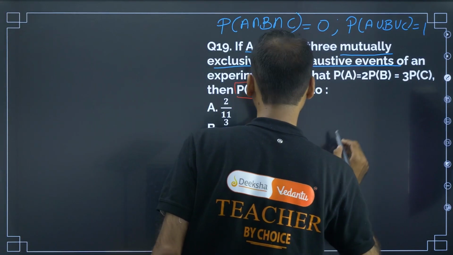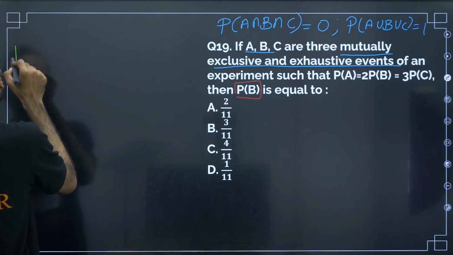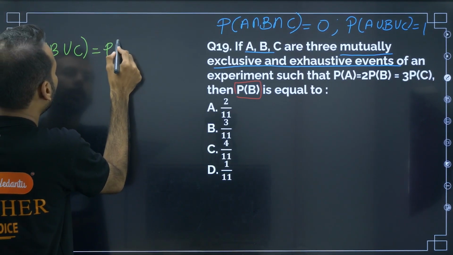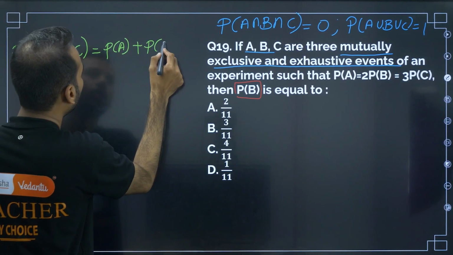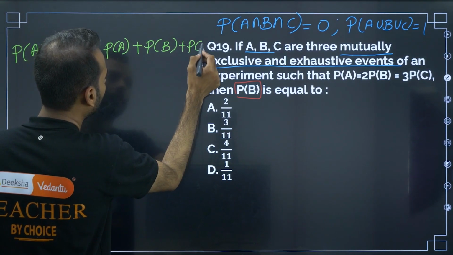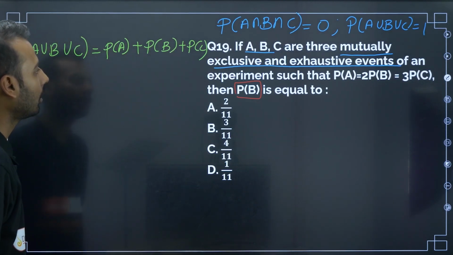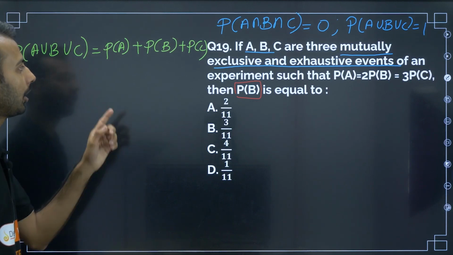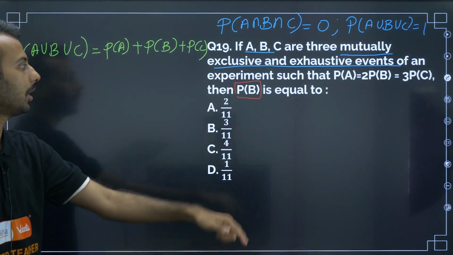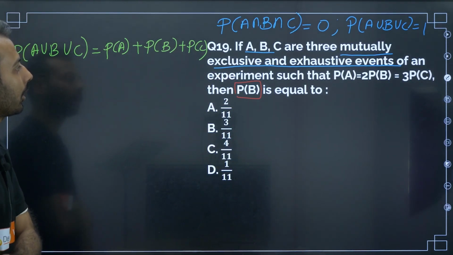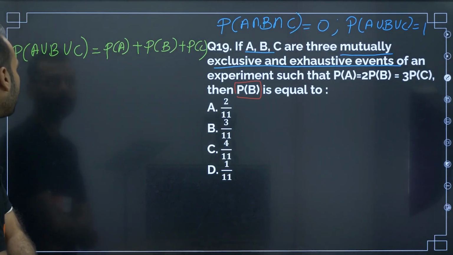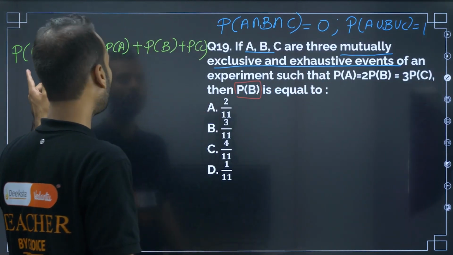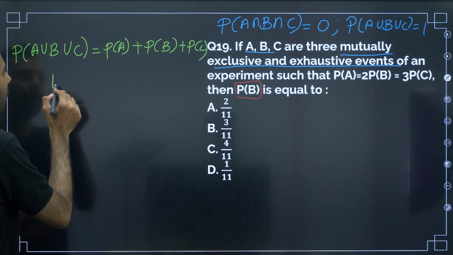Now one synopsis point you should be knowing. What is that synopsis point? P of A union B union C is equal to P of A plus P of B plus P of C, minus the pairwise intersections, all that will be 0 anyways. Three mutually exclusive events, so I am not writing remaining things because anyways it will be 0 only. So A union B union C value is 1. So I am writing 1 here.